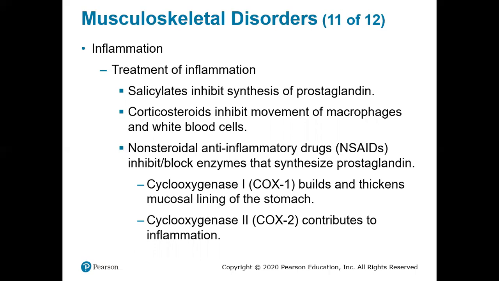Cyclooxygenase 1 or COX-1 builds and thickens the mucosal lining of the stomach. Cyclooxygenase 2 or COX-2 contributes to inflammation.